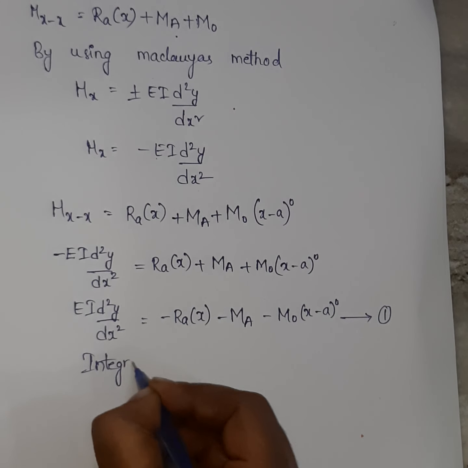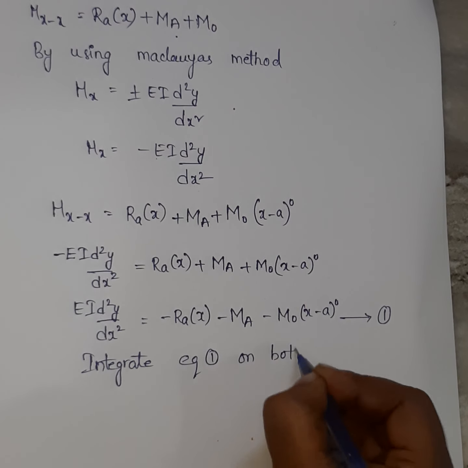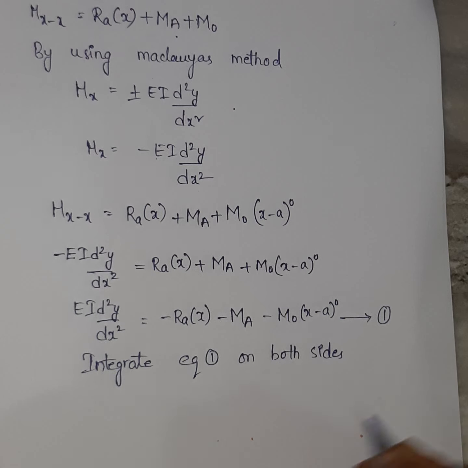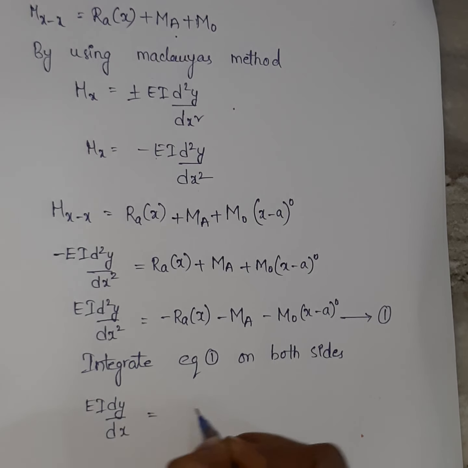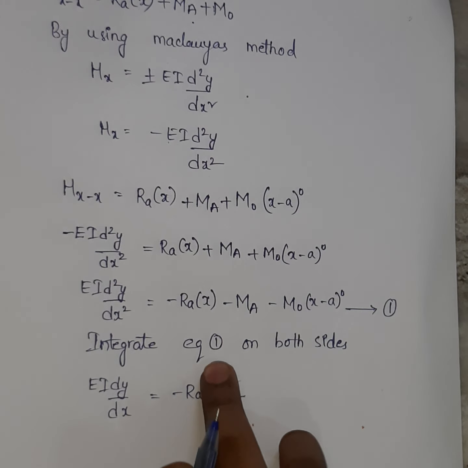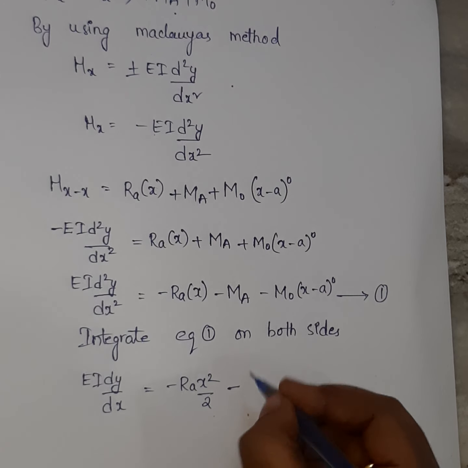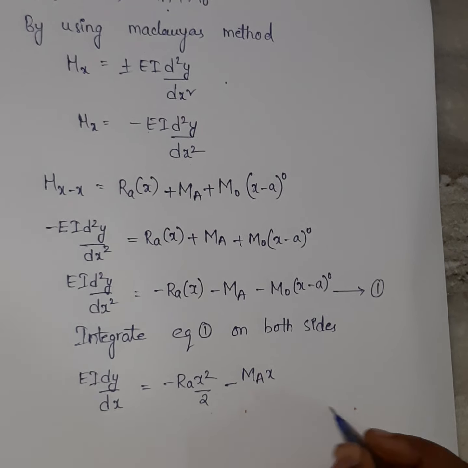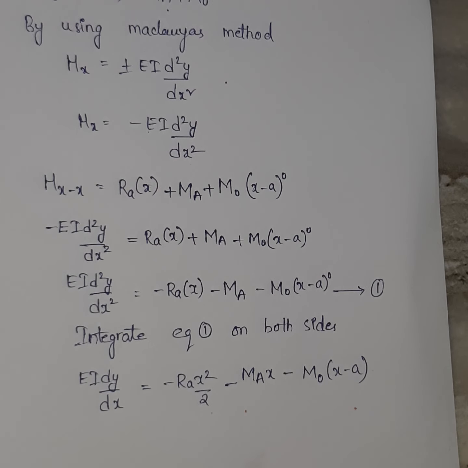Integrate equation number 1 on both sides. If I integrate equation 1 on both sides, EI dy by dx is equal to minus RA x square by 2 minus MA into x, because the integral of a constant is x. Minus M0 into x minus a power 1, since x power 0 integrates to x minus a.